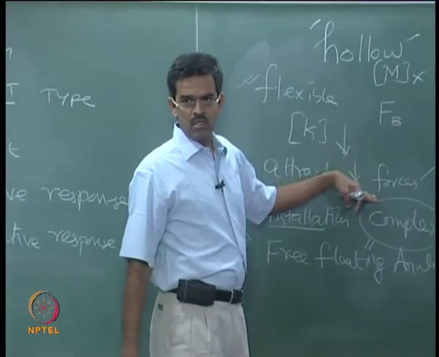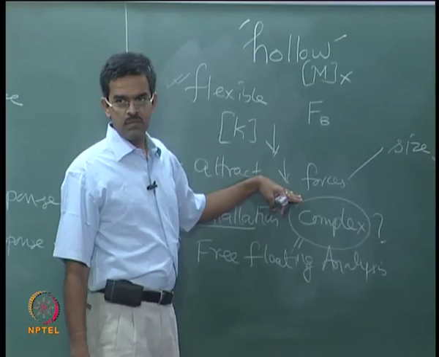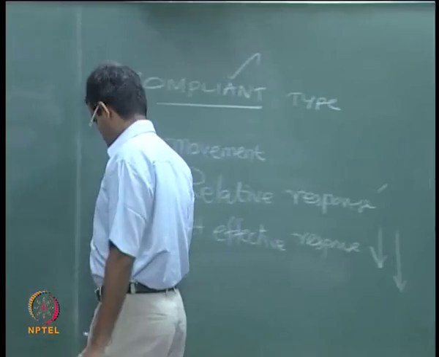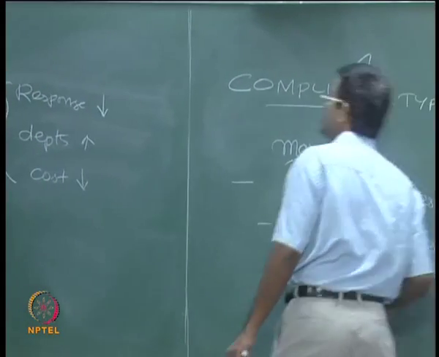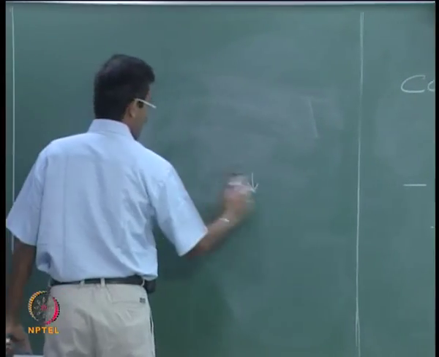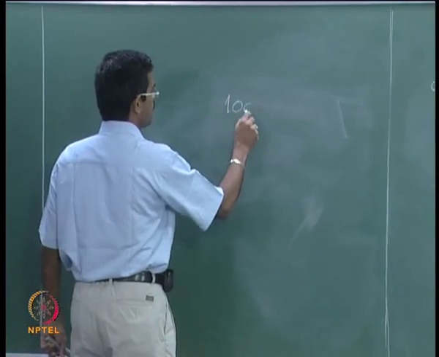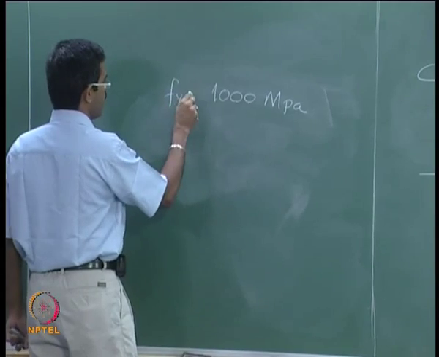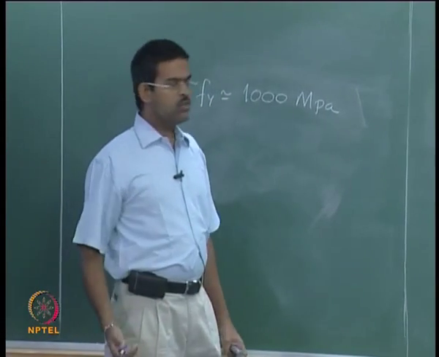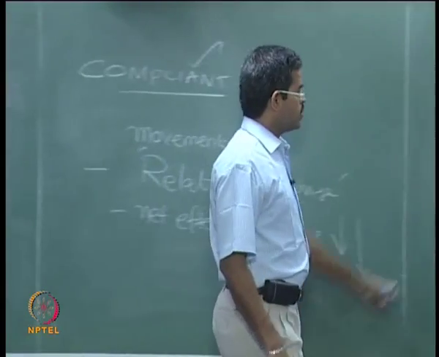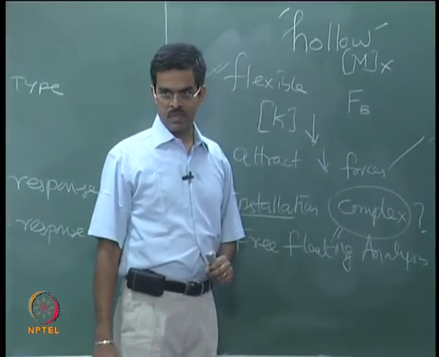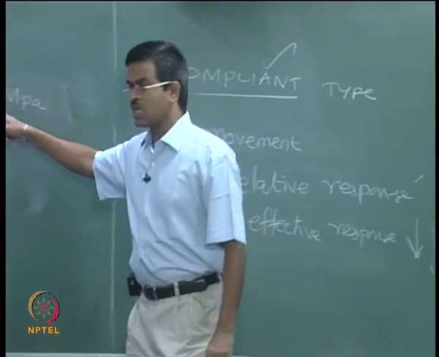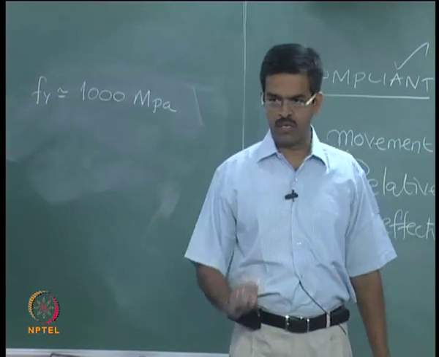One may wonder, sir, when I have material which can have yield strength as high as 1000 megapascal, why should I bother about a design which will attract less forces? Let us have the same problem, because I can design a member whose yield strength can be as high as this value available in the literature.